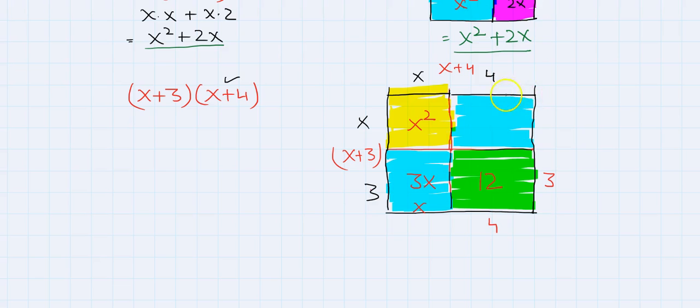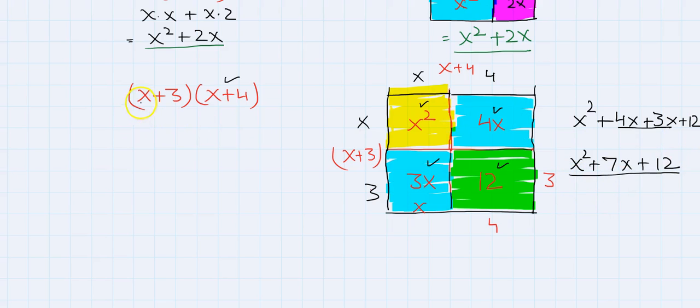This is 4, this side, and this side is x. So 4 multiplied by x is 4x. Now we can see that the total sum is x square plus 4x plus 3x plus 12. These are the like terms. x square plus 7x plus 12.